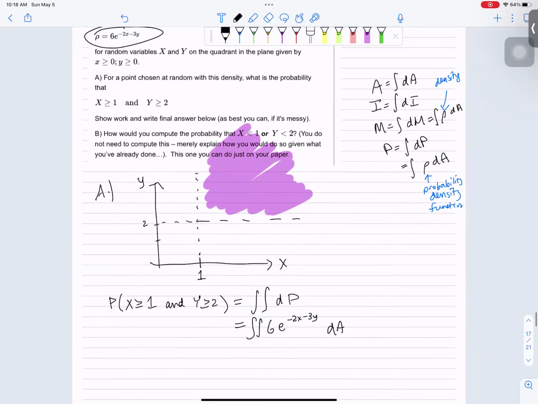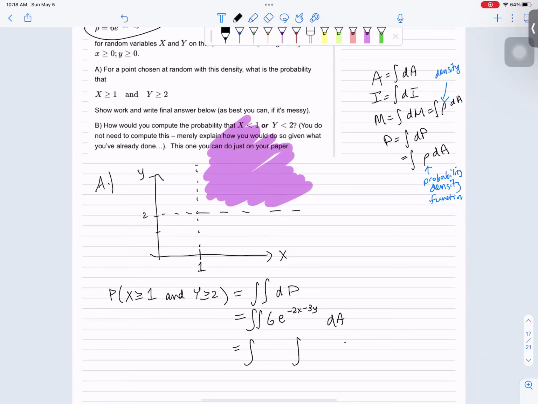Okay, and what are my bounds going to be? Well, what region am I considering? I'm considering this purple region, where I can choose dx dy, for example. So I draw a line in the increasing x direction. Where do I enter my purple space? I enter once x starts at 1.